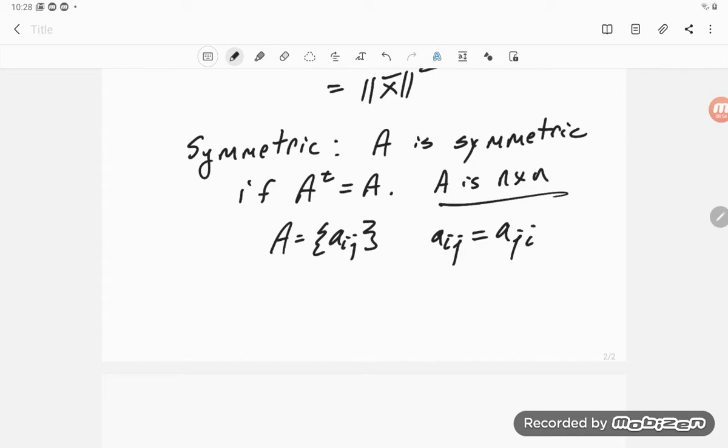If I switch the row and the column, I get the same number back.